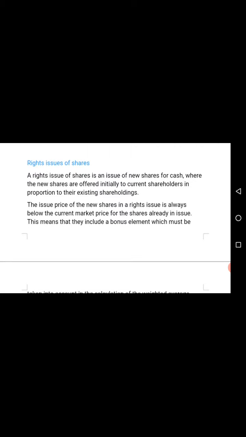The issue price of new shares in a rights issue is always below the market price. A rights issue has the same proportion as a bonus issue, based on the percentage of shares owned in the company, but the differences are: one, there is cash for a rights issue and no cash for a bonus issue; two, a rights issue is priced below the market price, while a bonus issue doesn't have a price at all.